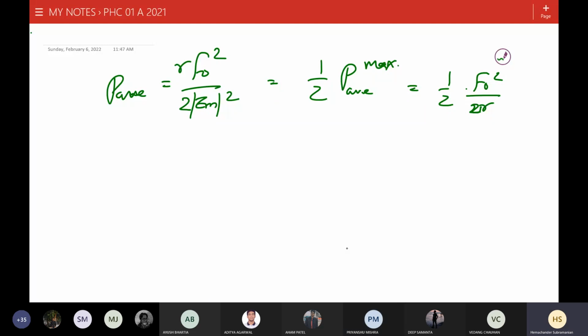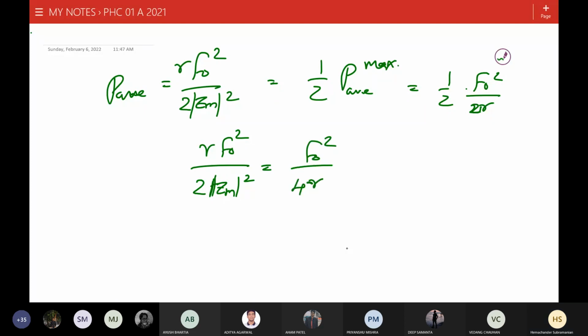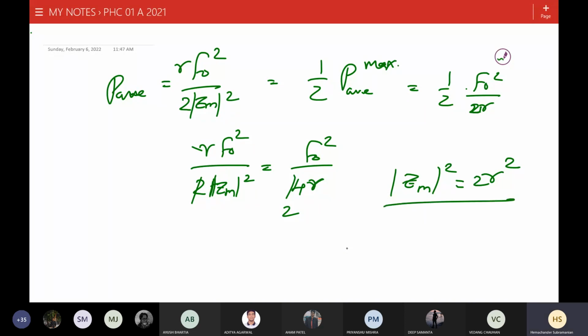So you can just equate this: r f0 square over 2 ZM square equals f naught square over 4r. Equating the denominators, r comes over here, which means ZM square equals 2r square. That's the condition for finding where omega 1 and omega 2 are.